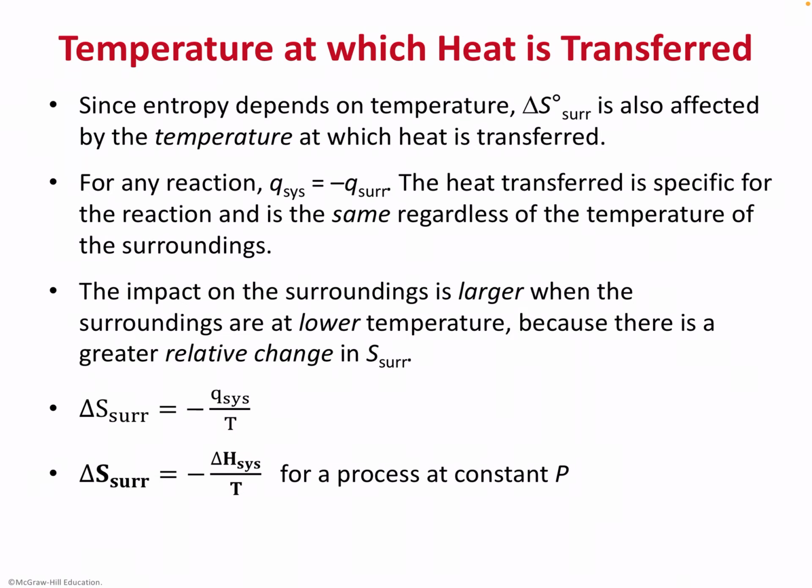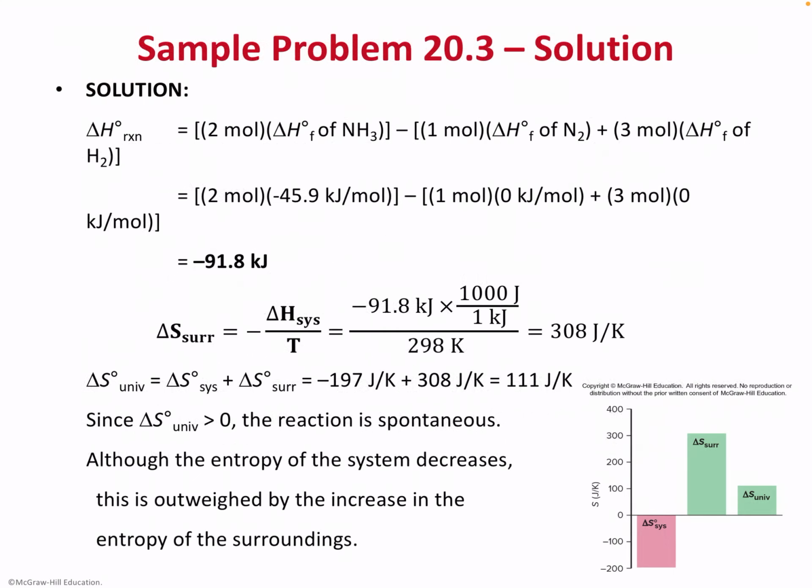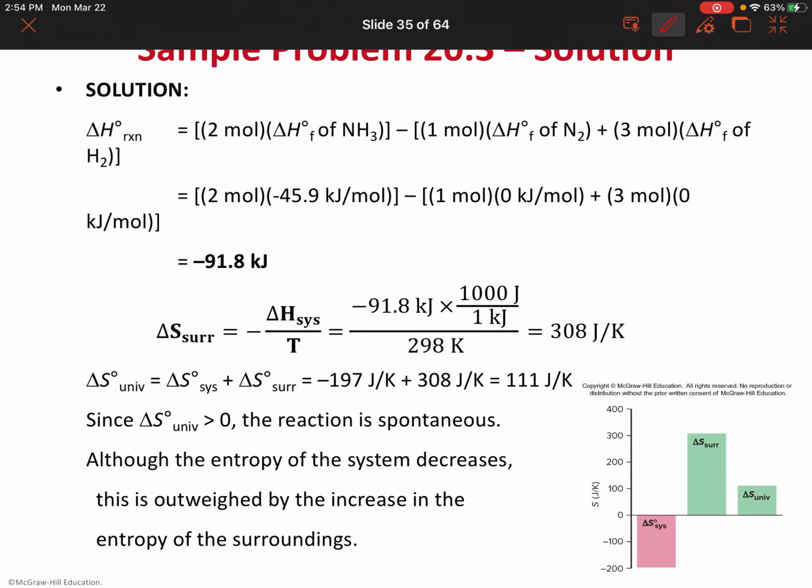Delta H system. How do we find the delta H reaction? Again, it is the same process as you would calculate, where's the pen? Trying to get the pen. Okay.